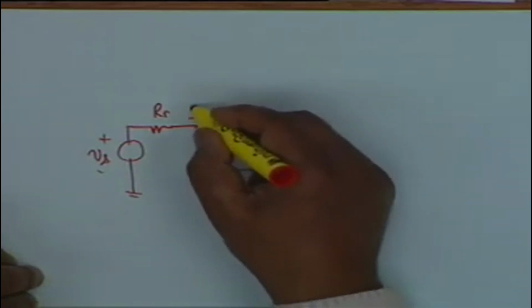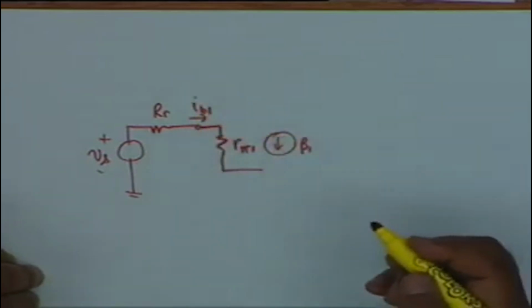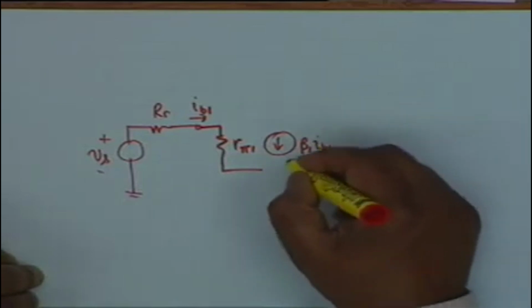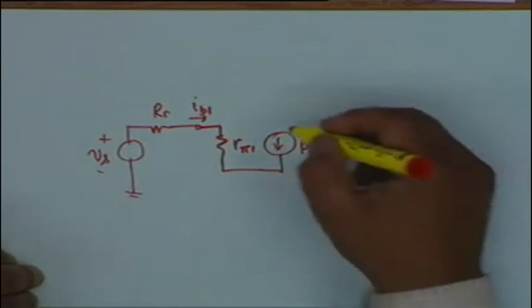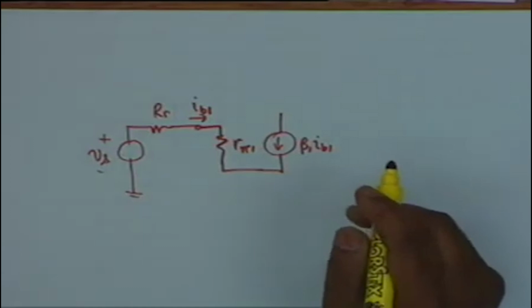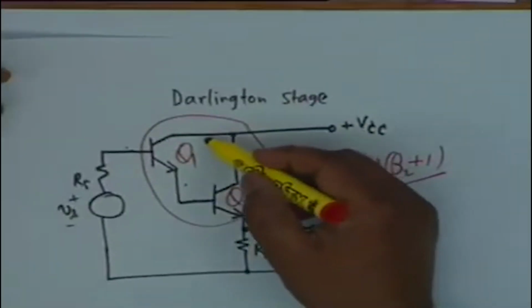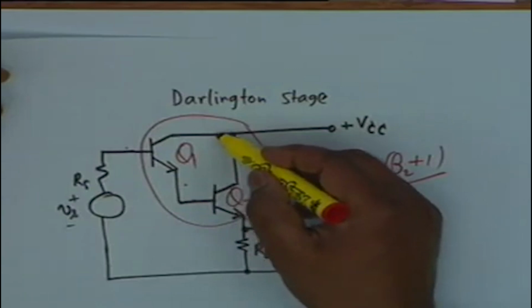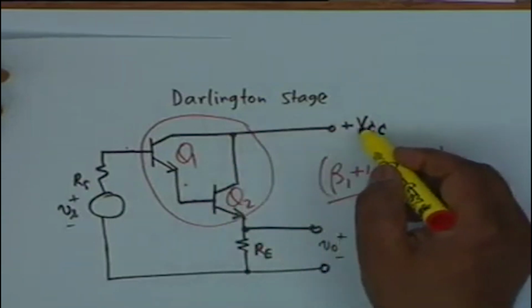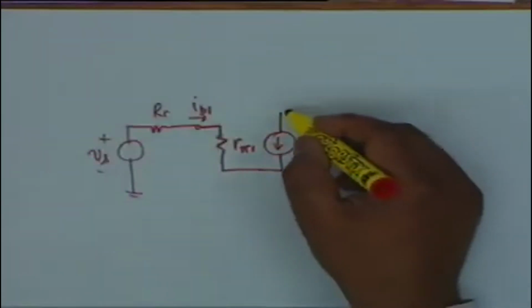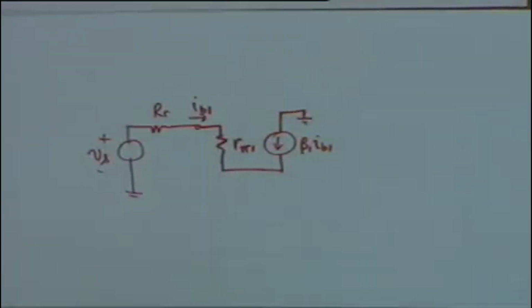If this current is I sub B1, I have beta 1 IB1. Where does this go? This point is the collector, and the collector is connected to VCC, therefore it is equivalent to going to ground, and therefore this goes to ground.